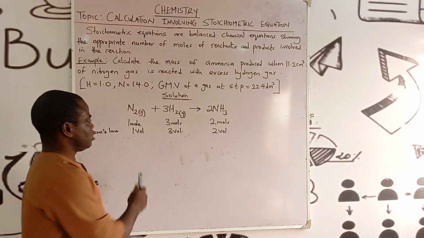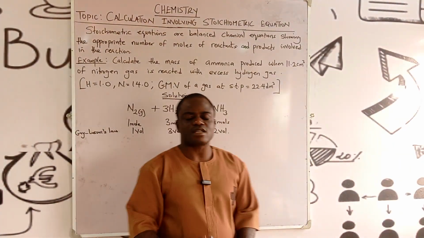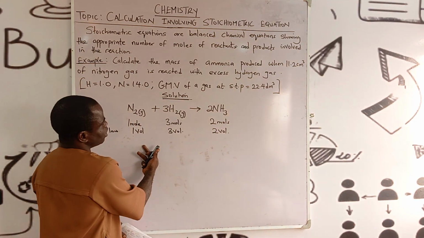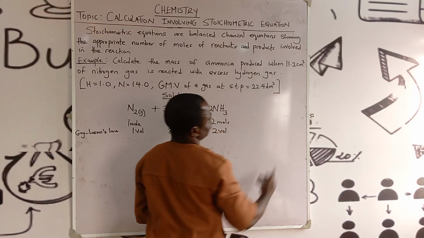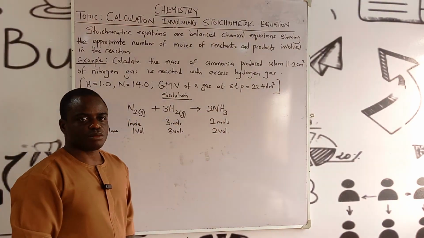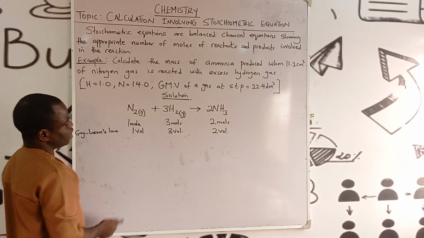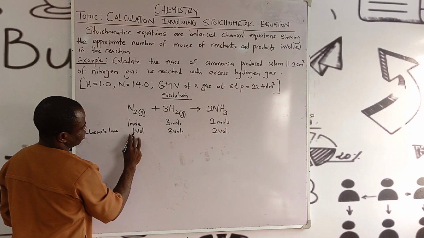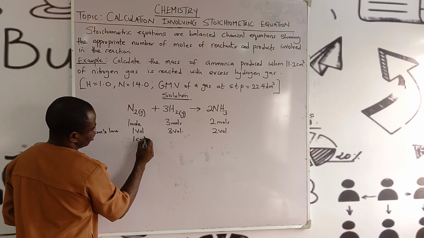And volume can either be expressed as centimeter cube or meter cube. But we're going to express it as centimeter cube because in the question we are given 11.2 cm³ of nitrogen gas. Because of that, we now write 1 cm³.